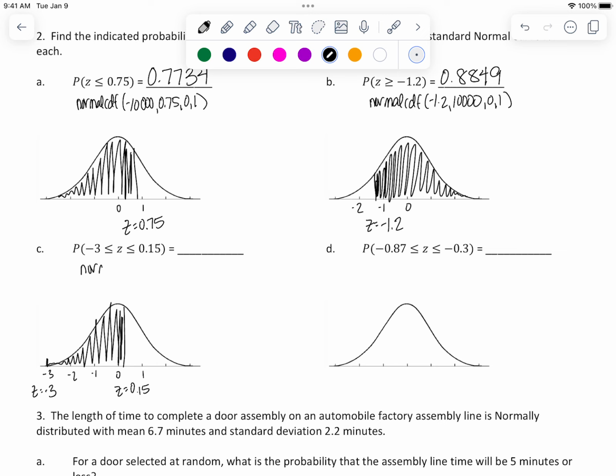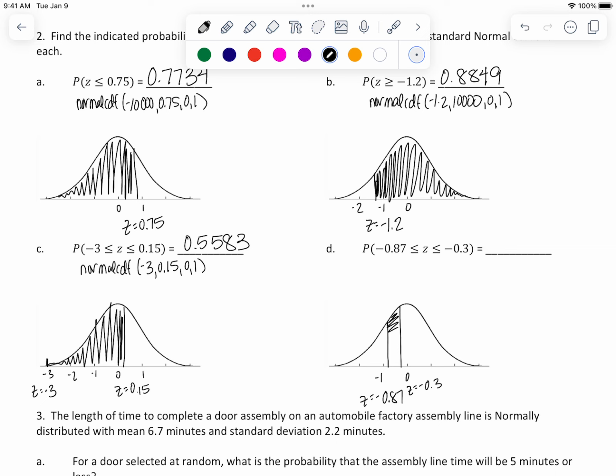And this one's going to be normal CDF, negative 3, 0.15, 0, 1, and for this one we'll get 0.5583. For D here, we're looking at the probability that z is between negative 0.87 and negative 0.3. So again, here's 0, here's negative 1. Negative 0.87 is about here. Negative 0.3 is about here.